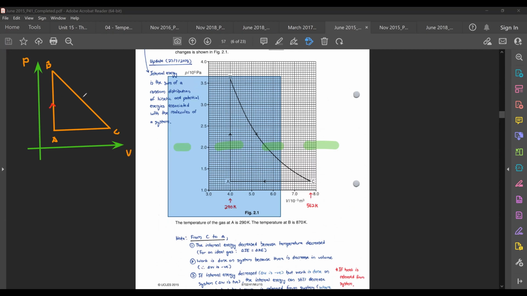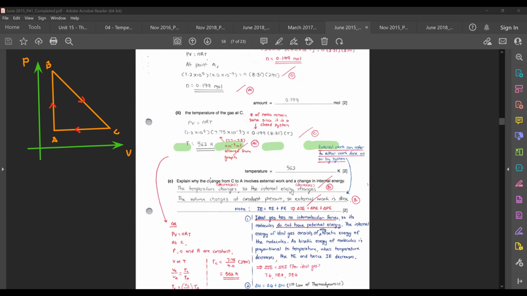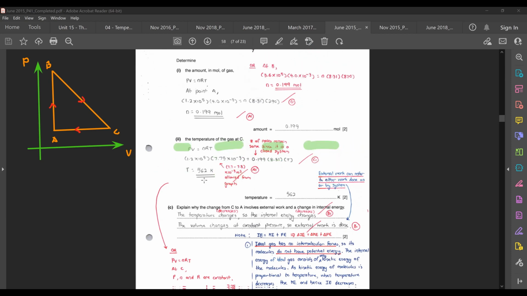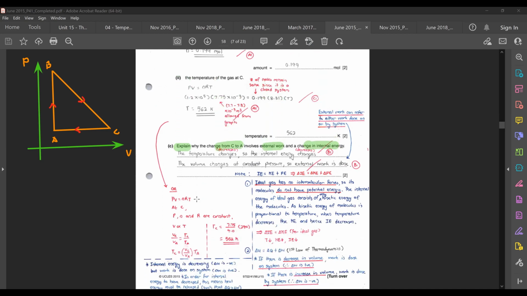So you go from A to B, B to C, C to A. So they want you to explain why there is external work and why there is a change in internal energy for your current case, just from C to A.